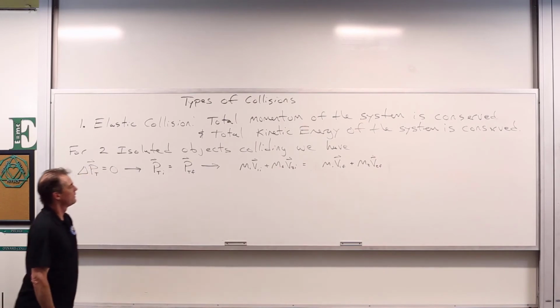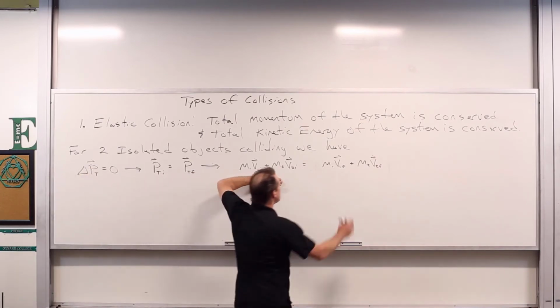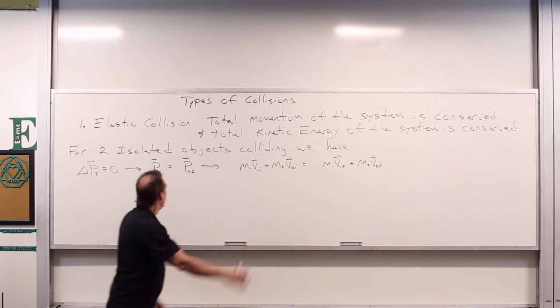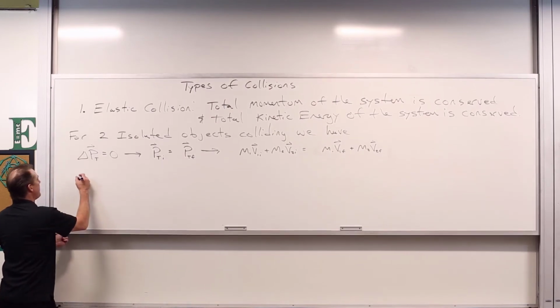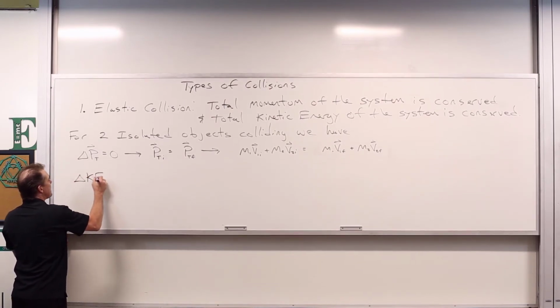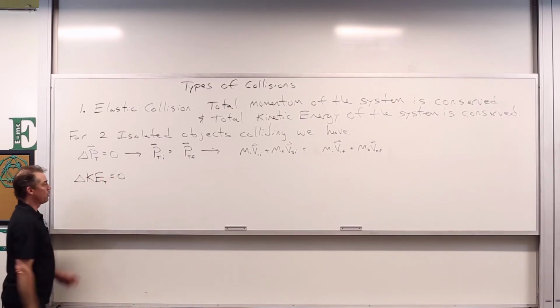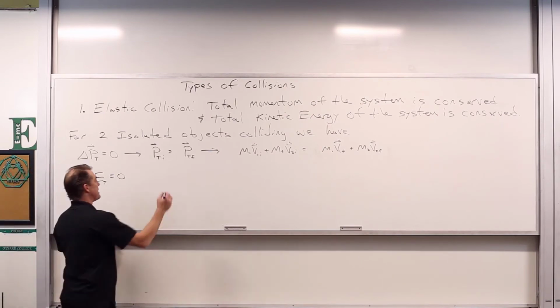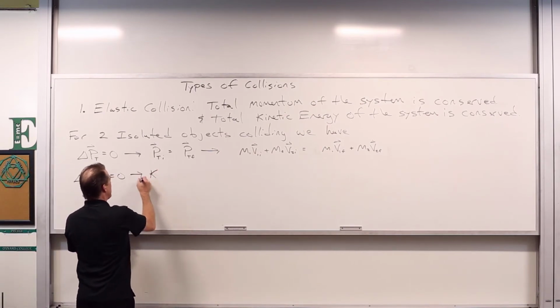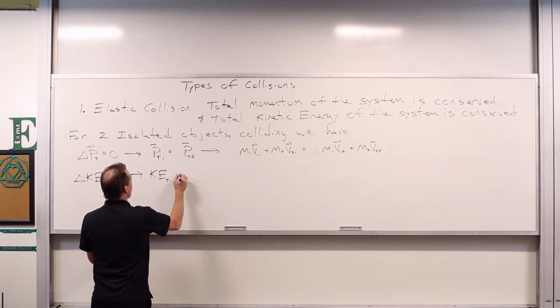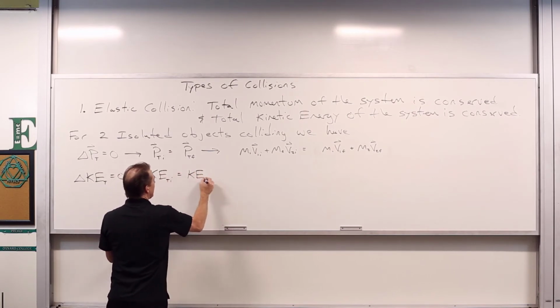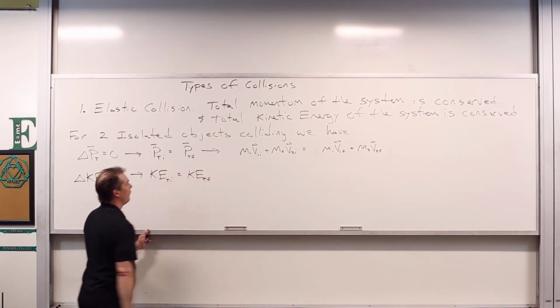Total initial momentum is equal to the total final momentum. All right, and we have delta KE total is equal to 0, which says then that KE total initial is equal to KE total final.